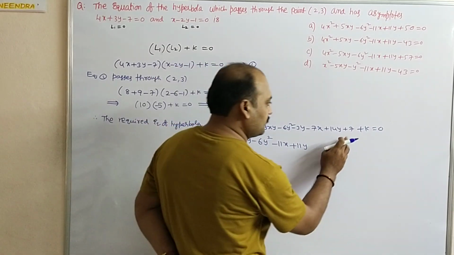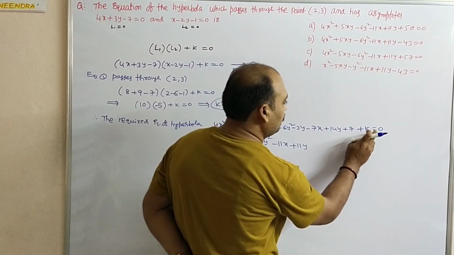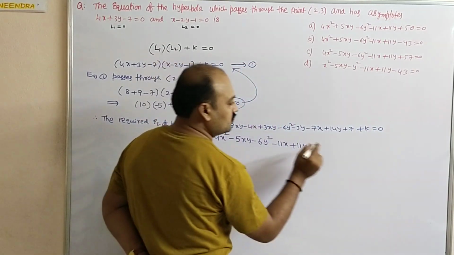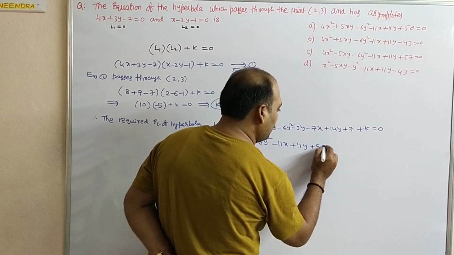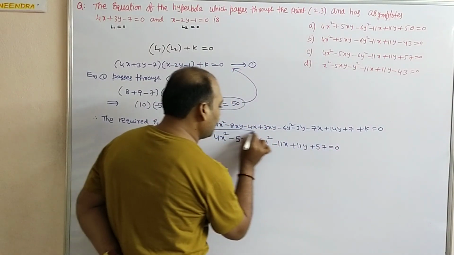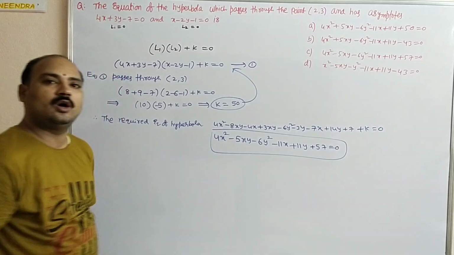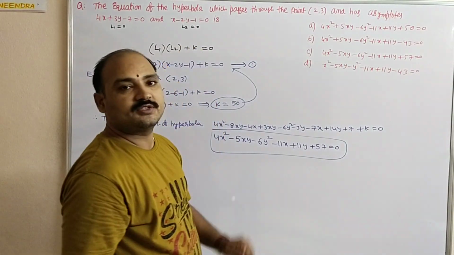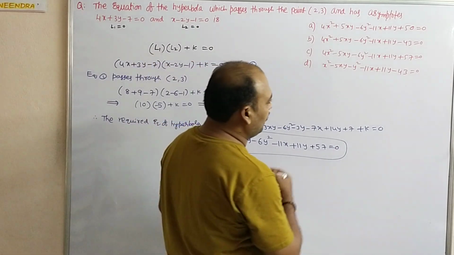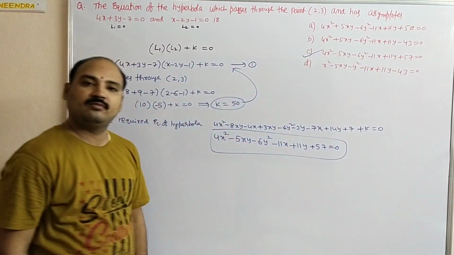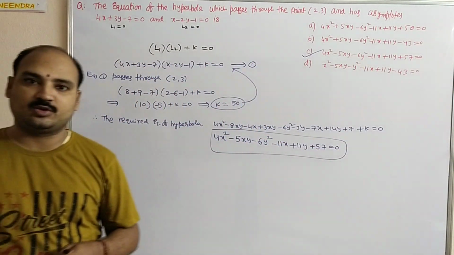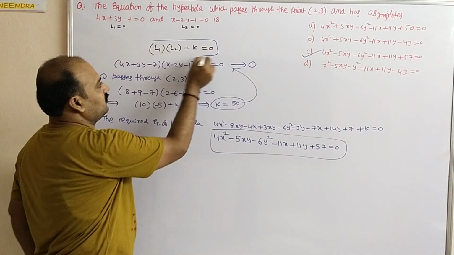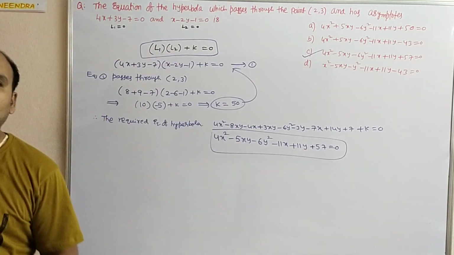Next constants, 7 and k value 50, so 7 plus 50, 57. So this is the required equation of the hyperbola whose asymptotes are the given lines L1 = 0 and L2 = 0, which is there in the third option. We will move to the next question. This is the important formula to get the required hyperbola.